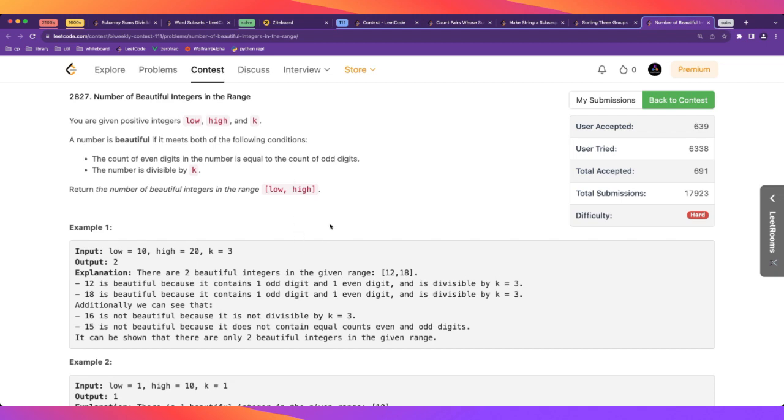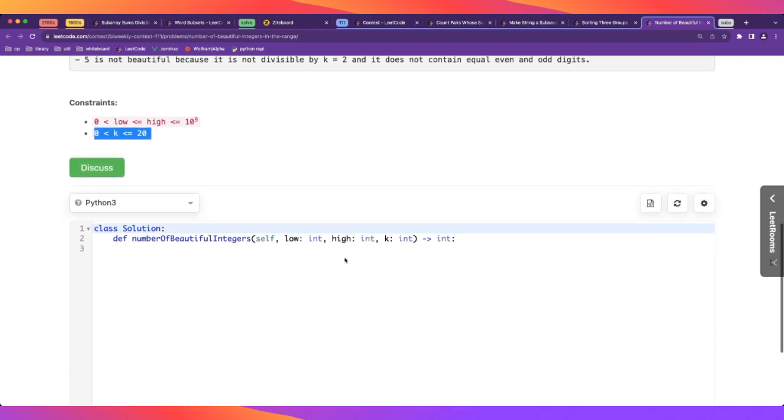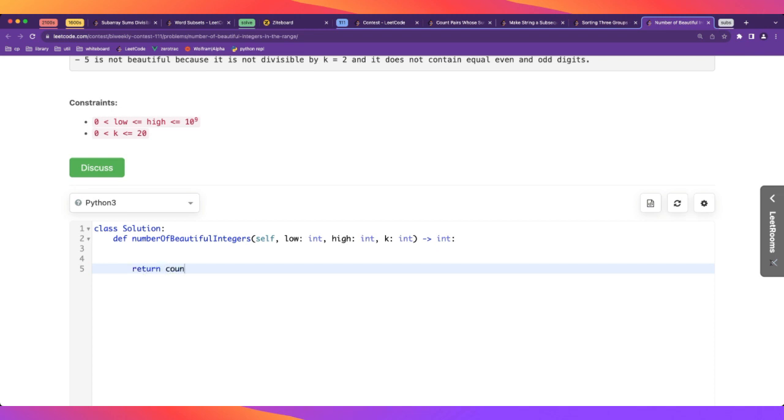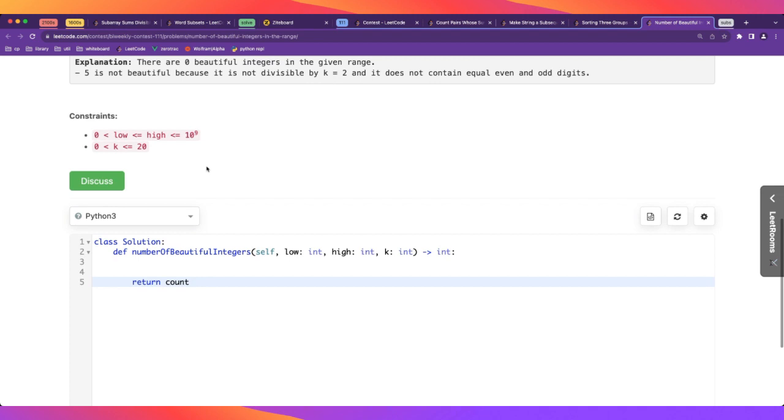So let's say that we have a function that counts all these numbers from 0 up to a bound.